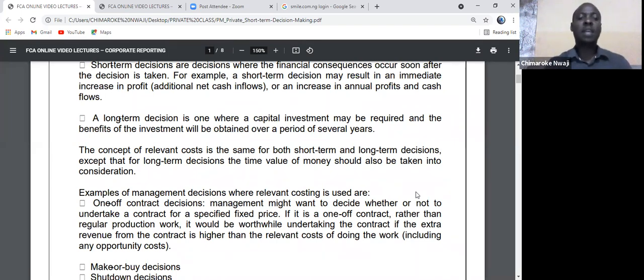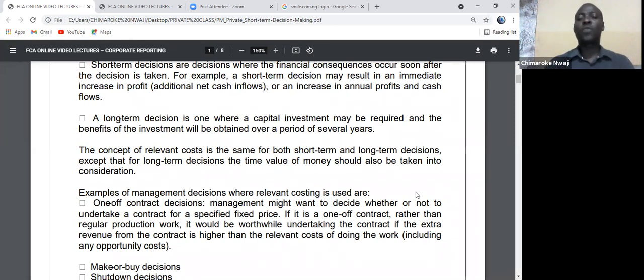Okay. Now, examples of management decisions where relevant costing is used are one-off contract decisions. When we talk about one-off contract decisions, we mean decisions where management decide whether or not to undertake a contract for a fixed price.